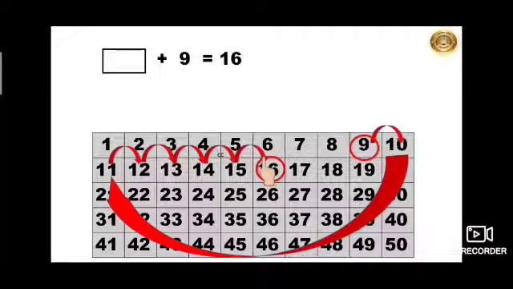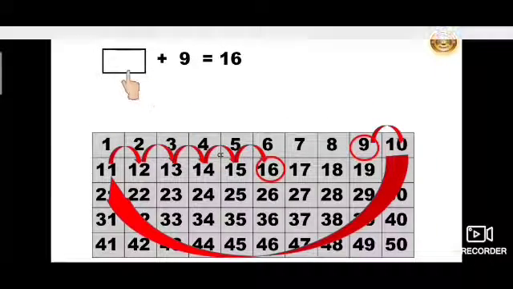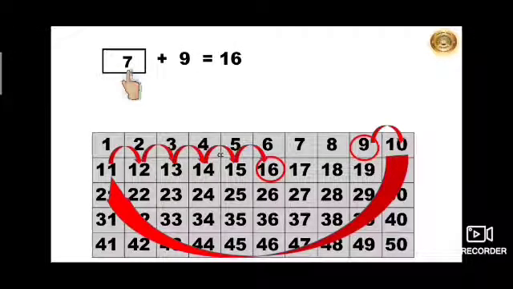Means till 16 you took 7 steps, means the answer of this question is 7, means 7 plus 9 is 16. Like this you can do the addition problem with the help of counting forward.